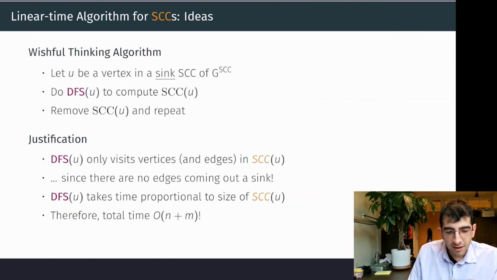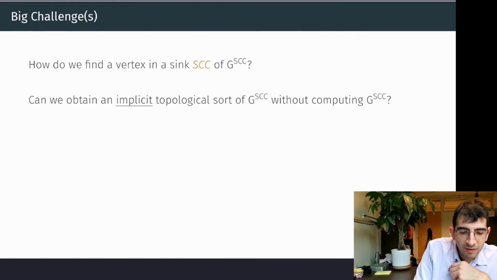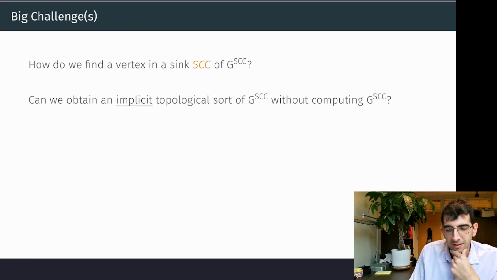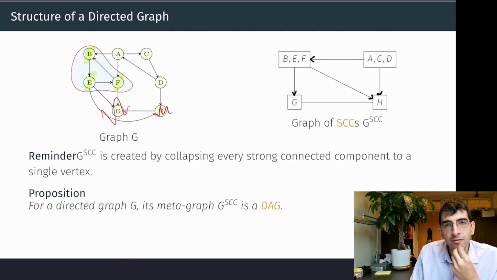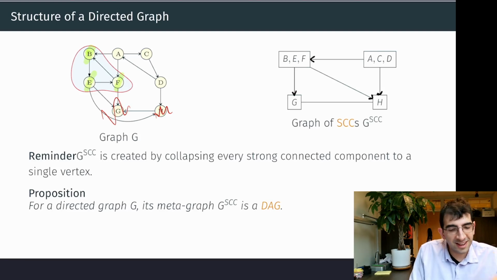Okay? Now, the one issue is, how do we find a vertex in the sink of the strongly connected components? Again, the first idea is something to do with topological ordering, right? Something to do with what we've been discussing in lecture so much.